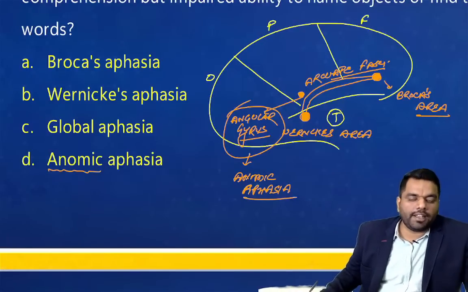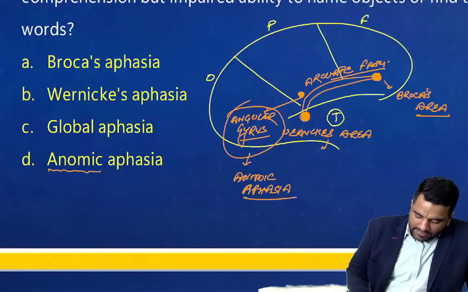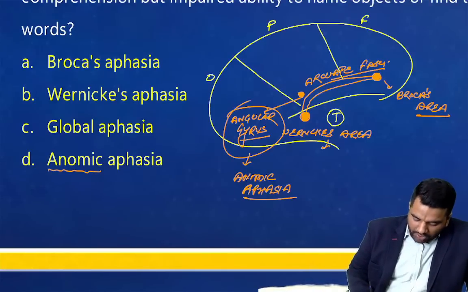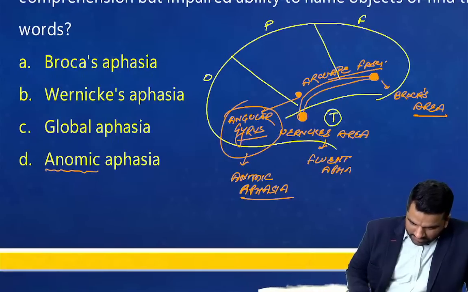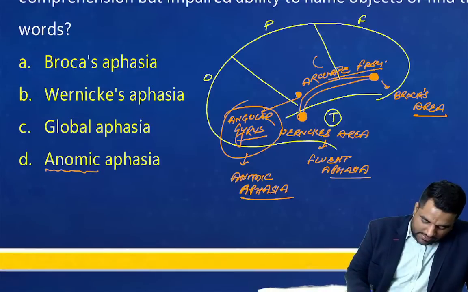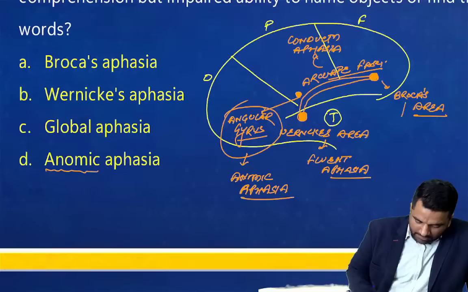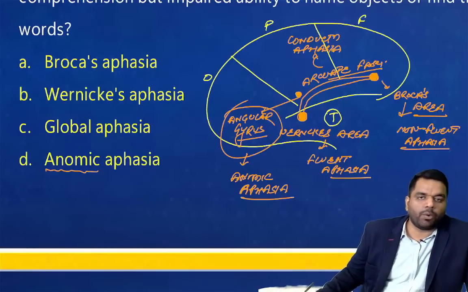Anomic, meaning you cannot name things, is due to a problem of the angular gyrus. A problem in Wernicke's area is the inability to comprehend language; this is fluent aphasia or sensory aphasia, and it can lead to conduction aphasia. A problem in Broca's area can lead to non-fluent aphasia, also called motor aphasia.